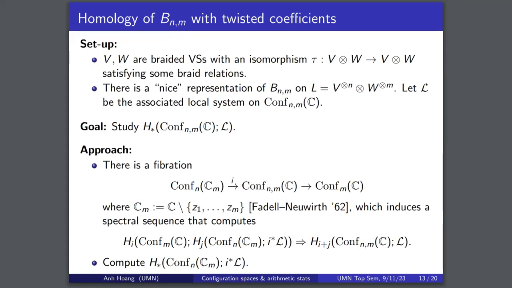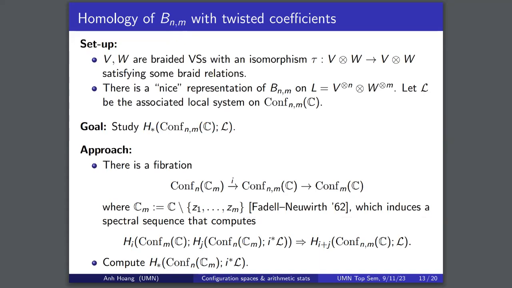All right, so the approach we're taking here is that we are not studying this space on its own, but rather we will use a fibration of Fadell-Neuwirth. There's a projection from the bicolor configuration space to the normal configuration space by forgetting the blue points. The fiber of that is the configuration space of n blue points with n punctures.